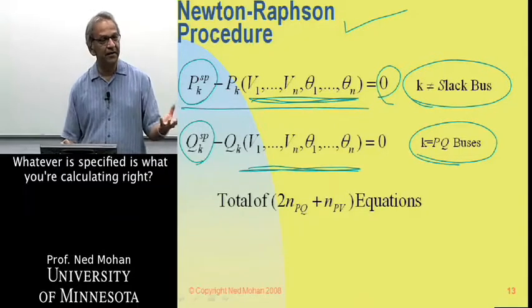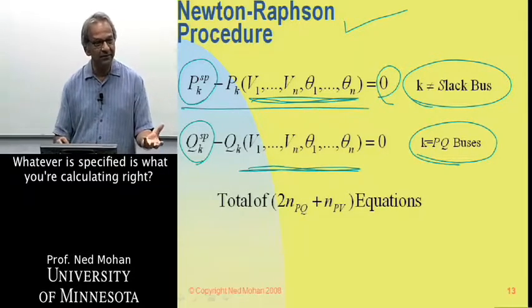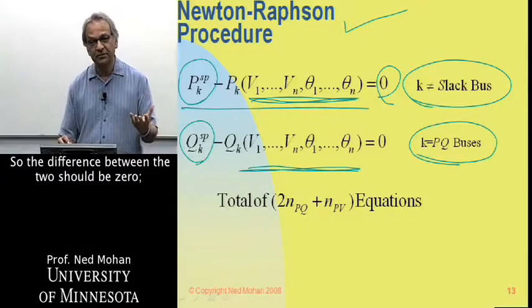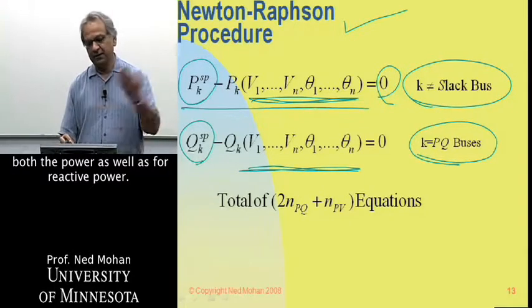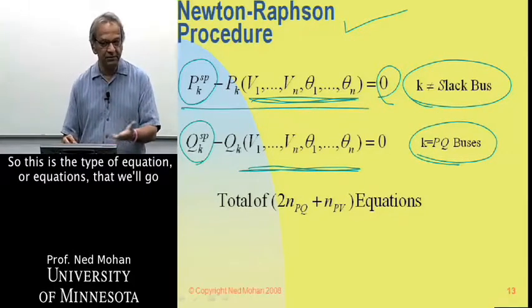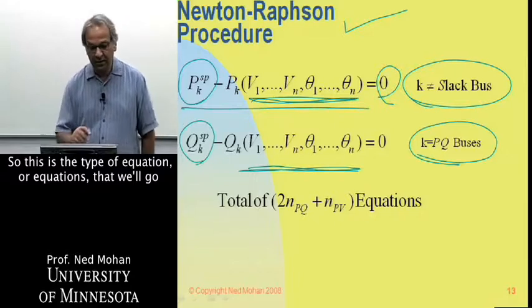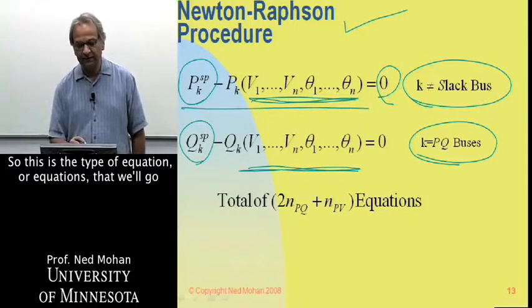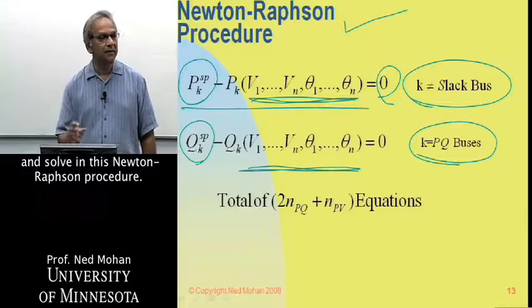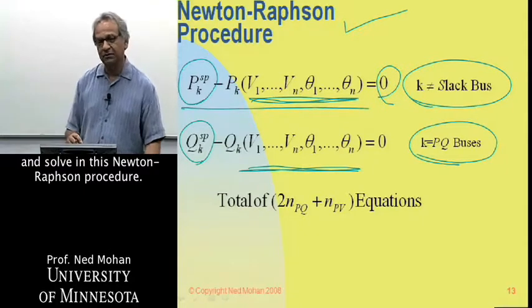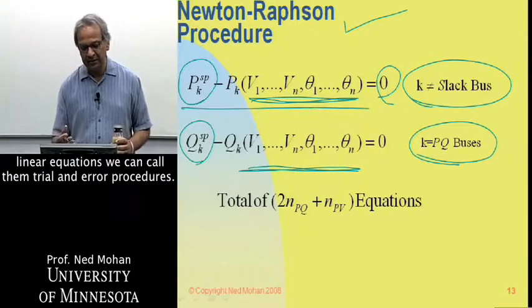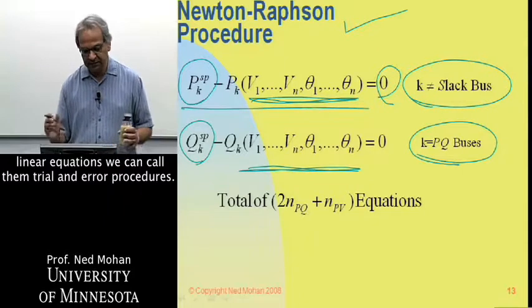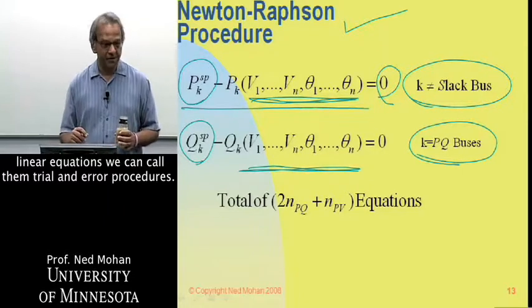Whatever is specified is what you're calculating, right? So the difference between the two should be 0 for power as well as for reactive power. So this is the type of equation or equations that we will go and solve in this Newton-Raphson procedure. And since these are nonlinear equations, you can call them a trial and error procedure.